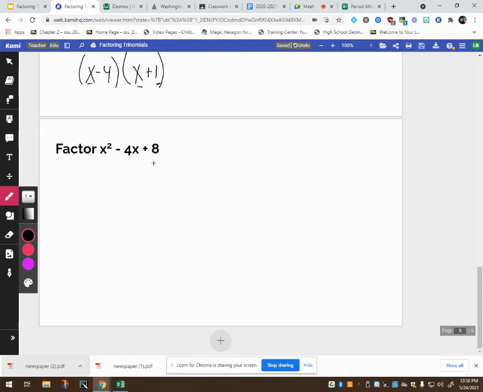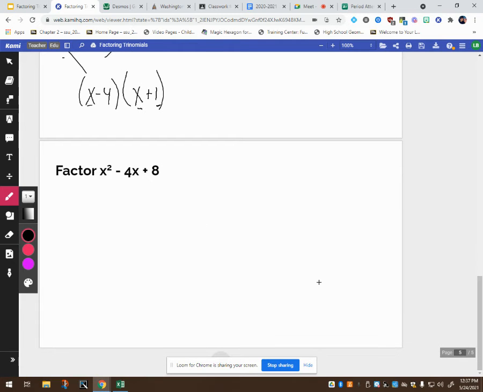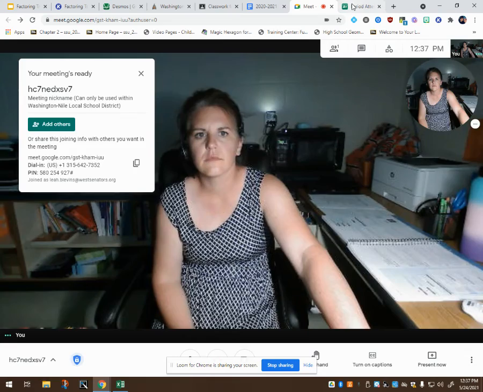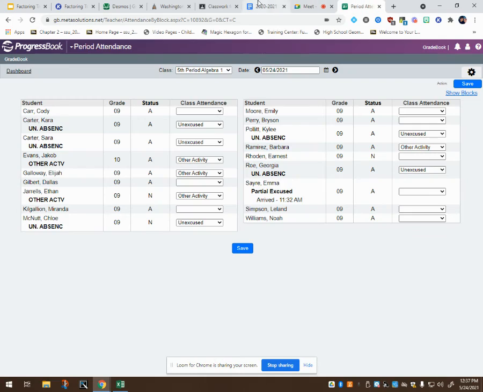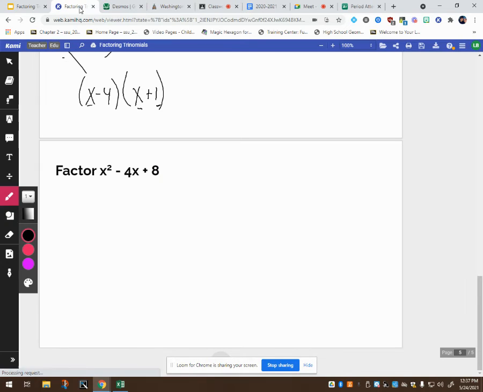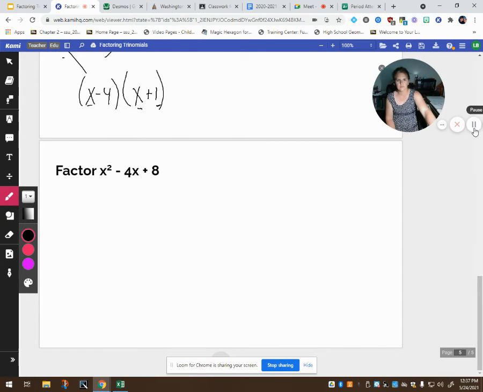Okay, go ahead and try this last one and see if you can come up with an answer. I'm going to assume that you're all realizing that there is nothing that multiplies to give me 8 that adds to give me negative 4.